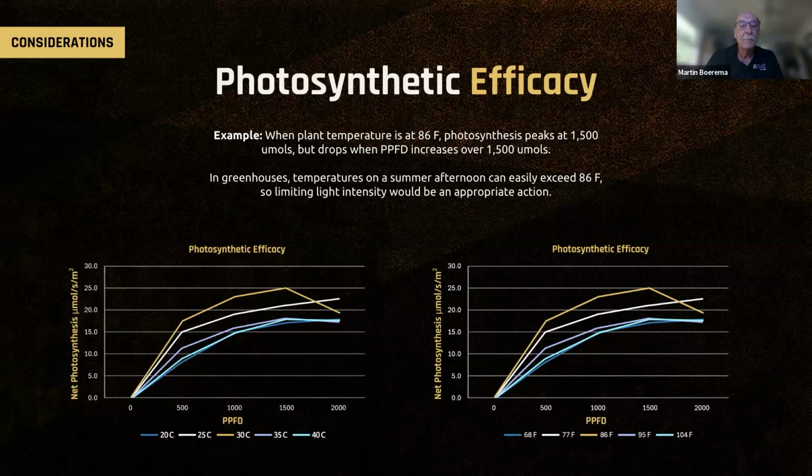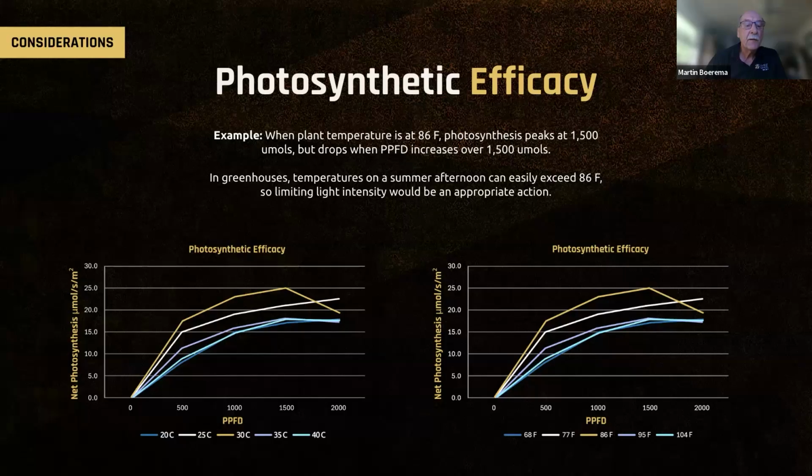But you can also see that between 1000 and 1500 micromoles, that 500 micromole increase, the increase in photosynthesis only amounts to about 2 micromoles of increased carbon capture. So 500 micromoles more light and only 2 micromoles more of carbon captured. Well, if you look between 0 and 500, you go from 0 to, let's say, 17.5 or 18 micromoles.